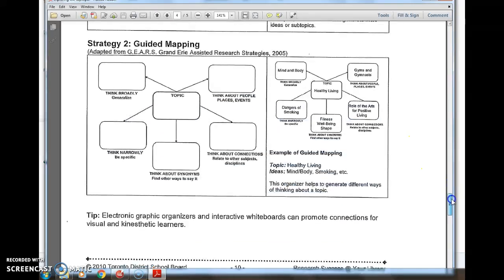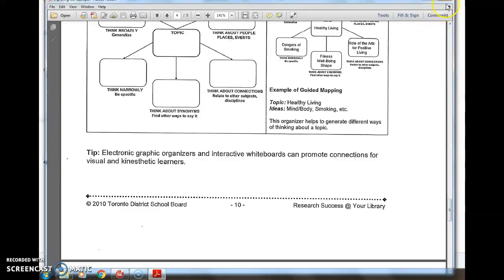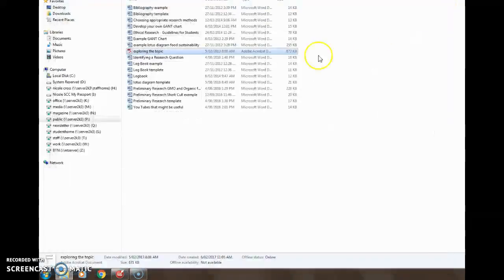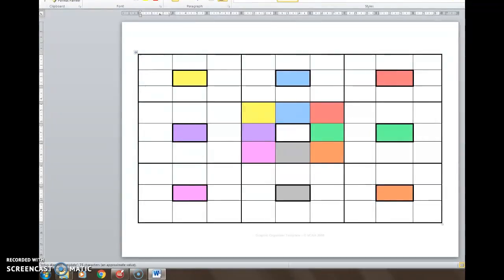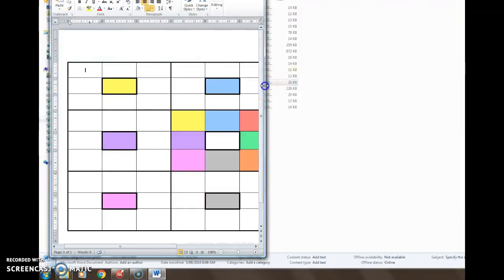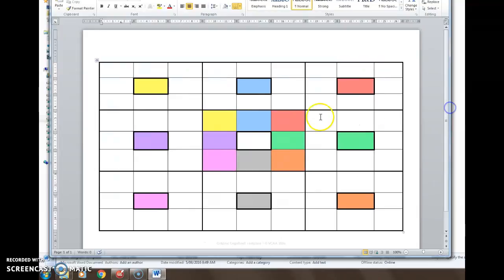One of the other ways that we do that in Research Project, which you should be very familiar with, is the Lotus Diagram. So this is an example of the Lotus Diagram, and you simply put your main topic into the middle.